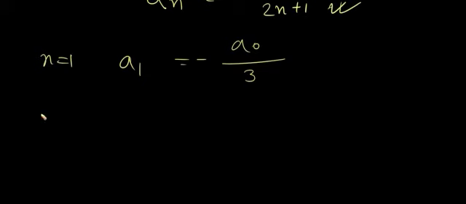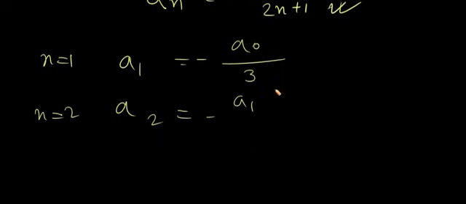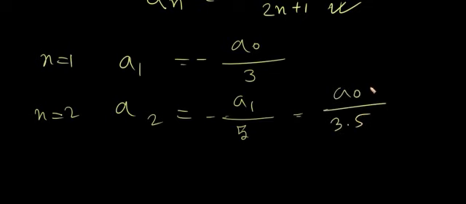Then you will have n equals to 2, a2 will just be minus a1 over 5. And if you put the value of a1, this will be plus a 3.5, something like this, right?